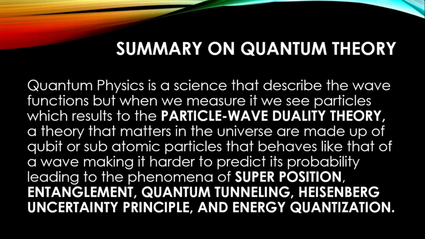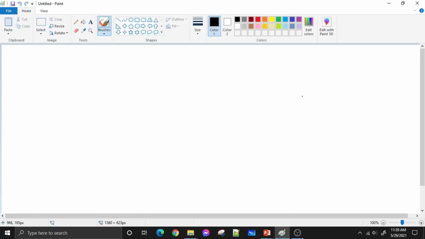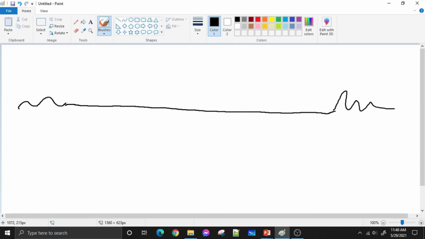So the theory of entanglement, we are going to illustrate it again. We have this wave here, and then we have some wave here, and those waves are connected whatever the distance.